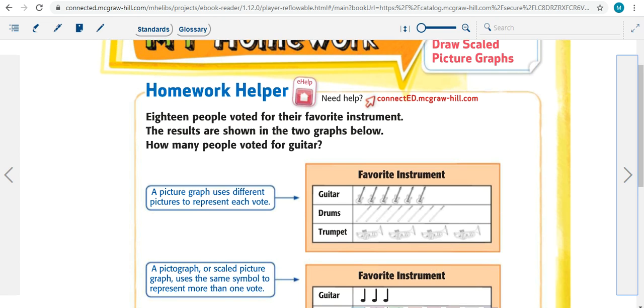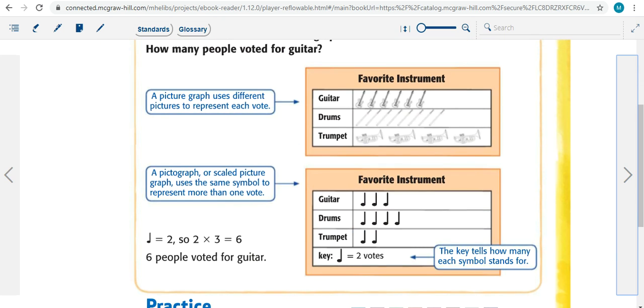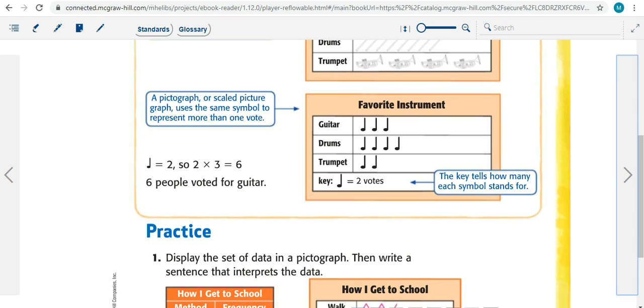Remember that a picture graph uses different pictures to represent each vote, but a pictograph or scaled picture graph uses the same symbol to represent more than one vote. As you can see, each note in this one tells me 2 votes, okay?